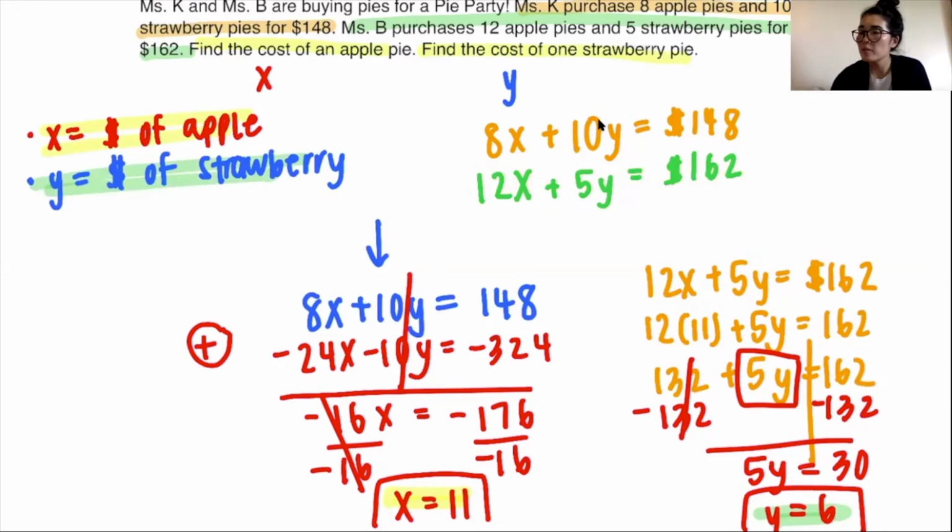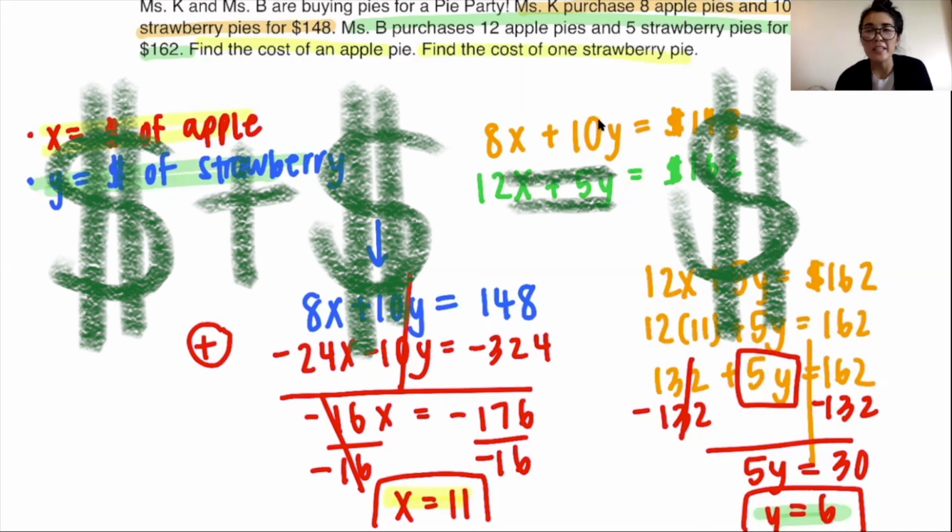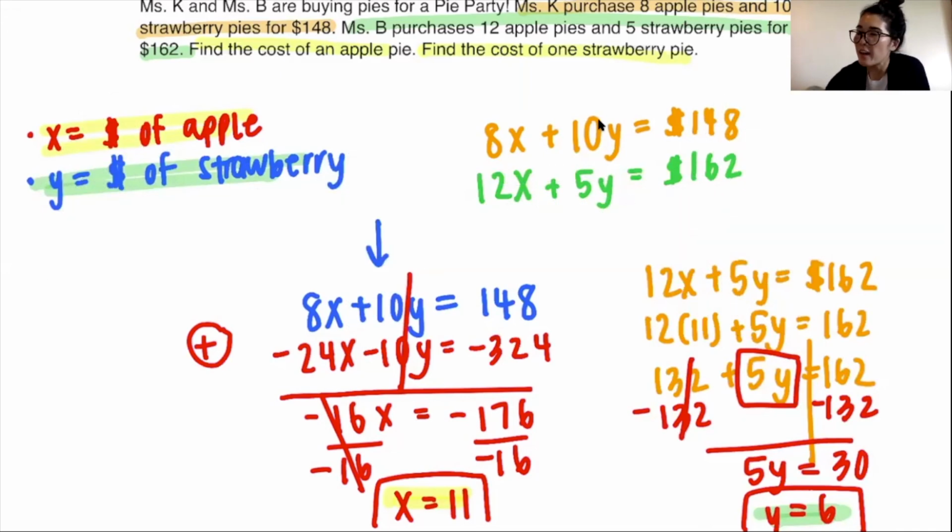We talked a little bit about money plus money equaling money. Now, in this case, when you set this up, please note, this is the number of pies. It was 8 apple pies plus 10 strawberry pies equals $148.